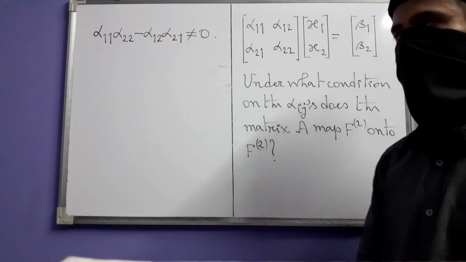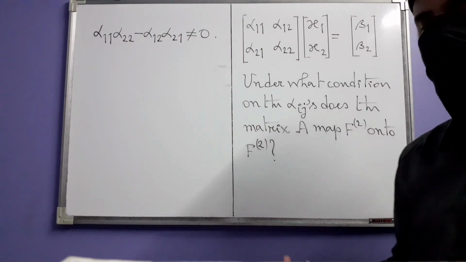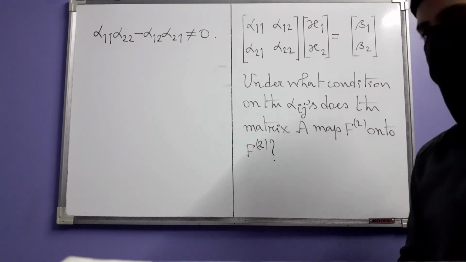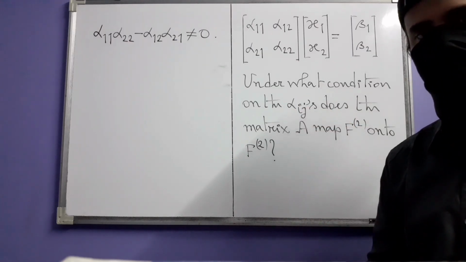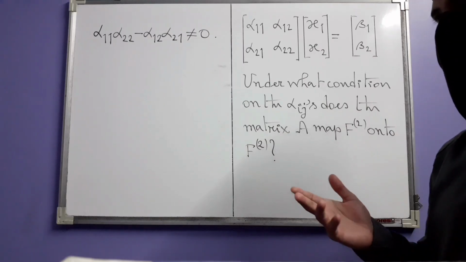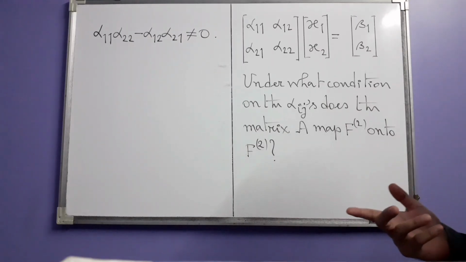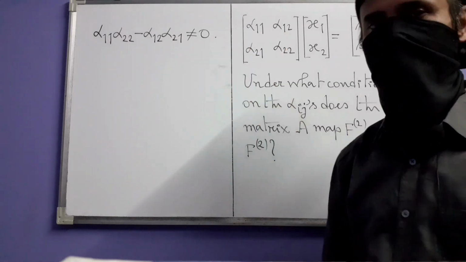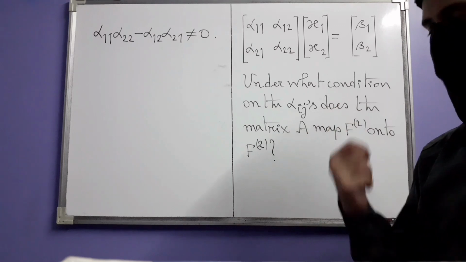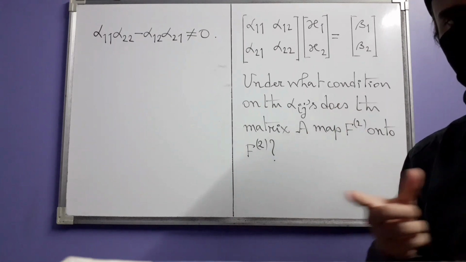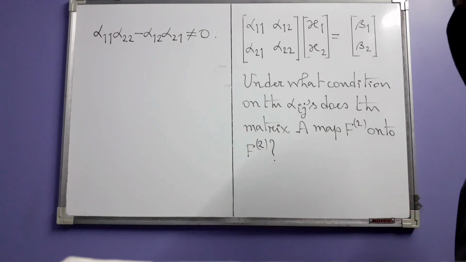Now, if you go the usual way of eliminating one of the unknowns, say x1, or you can try to eliminate x2, and then from those two equations where there is no longer x1, only x2, you then go for solving for x2, and then you quickly realize that you need this condition to be able to calculate x2 from whatever ultimately you get after doing elimination and manipulating the things.